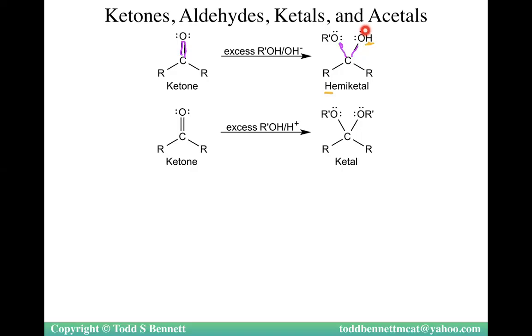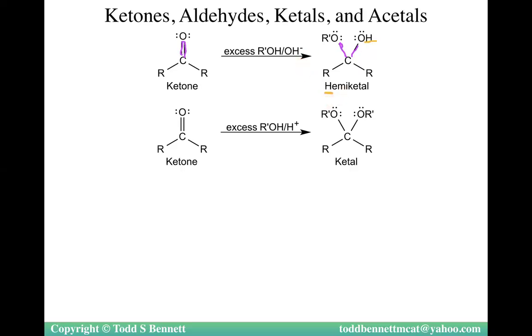If you protonate this OH, so if it were to pick up an H plus, that becomes water. Water is a good leaving group because water can leave, a second ROH can go on. And so I don't want to mess that mechanism up top, but go back to just if you do it in base, you can only go to hemi.